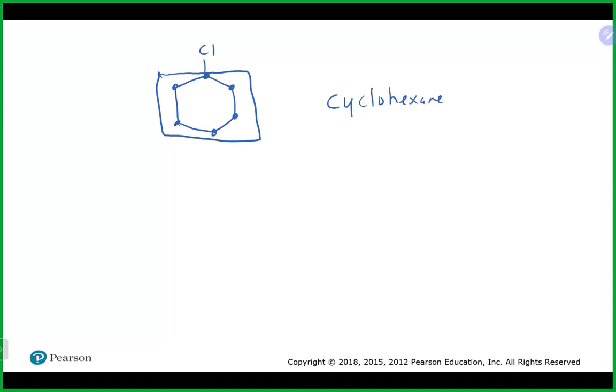It also has a group attached, which is a chloro group. And this would be chlorocyclohexane. Now, you may be asking, do I need a number for this? And the answer is you do not in this situation need a number. The reason is there's only 1 group attached, and wherever that group is attached is assumed to be carbon number 1.